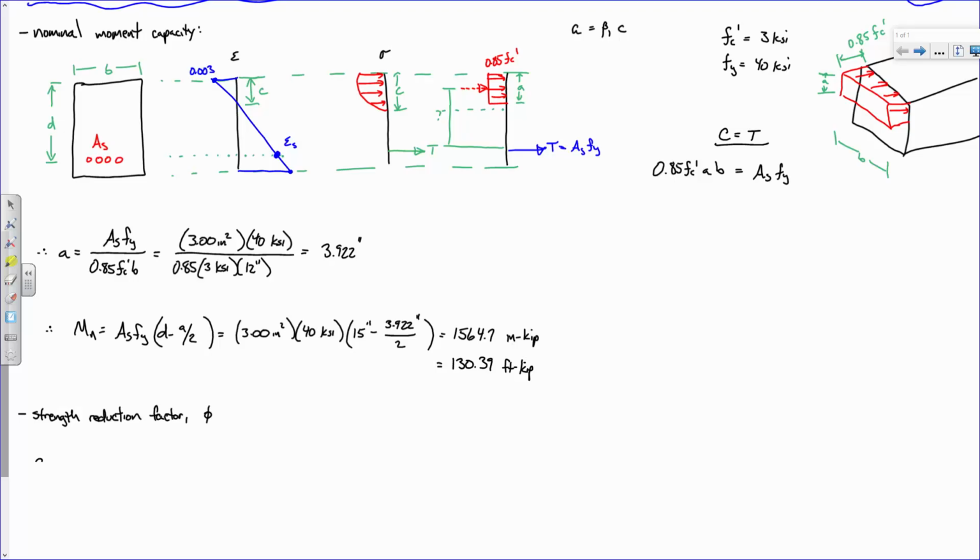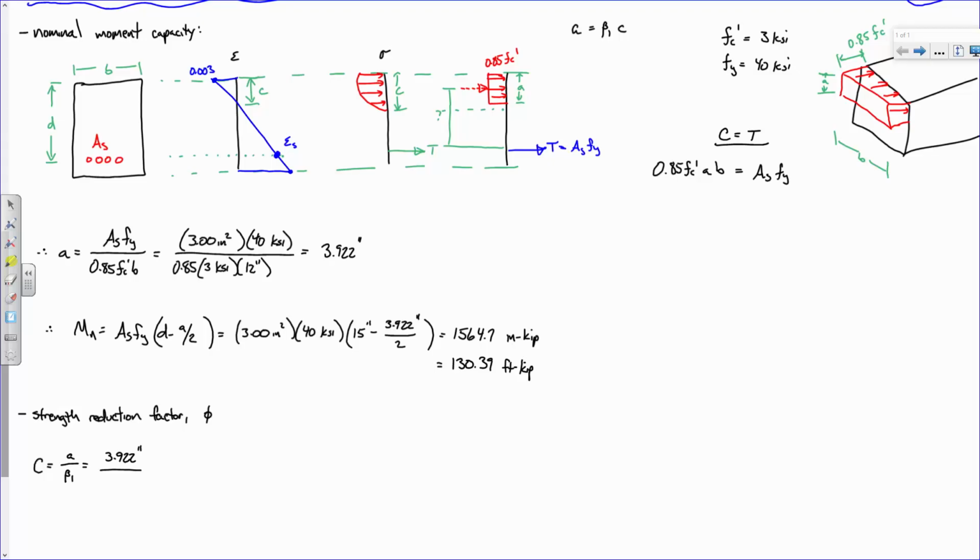So the first thing we have to compute is that neutral axis depth C. That neutral axis depth C is determined by that expression, which is a over beta 1. So 3.922 inches over... what is beta 1?